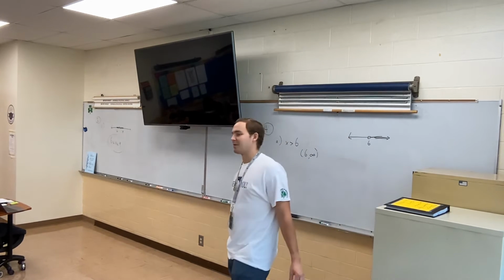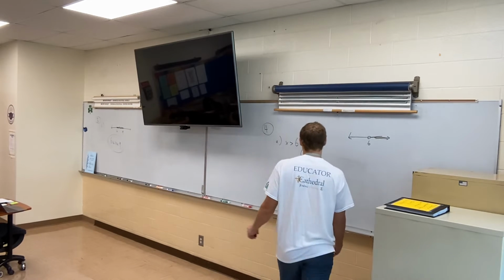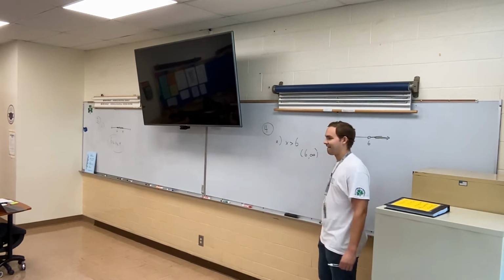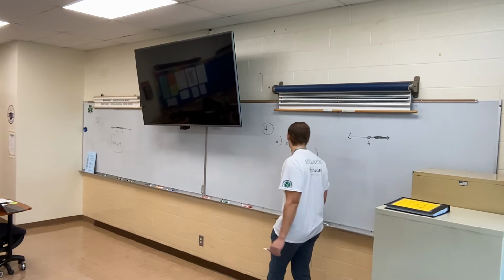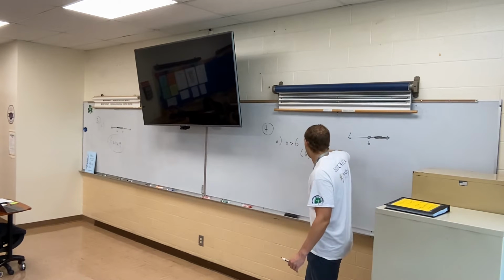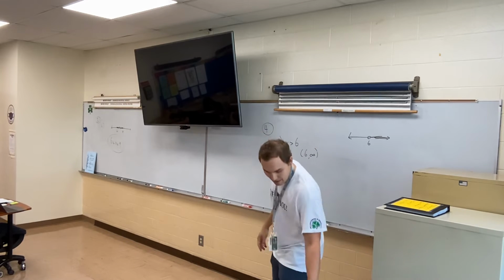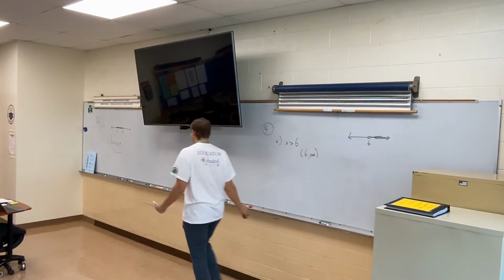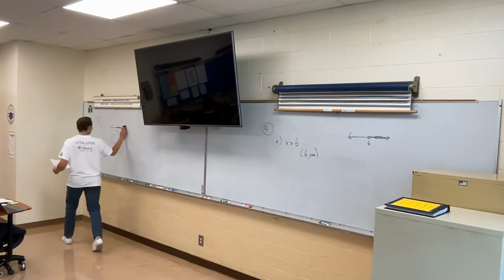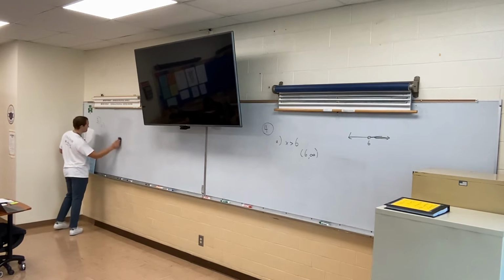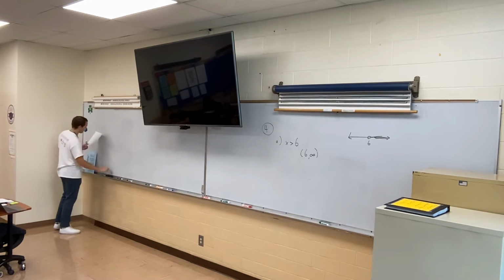Infinity is not a number, it's just a concept. So don't worry about that too much, but just know that infinity always gets parentheses. Am I good to move on? If I'm not, that's okay.